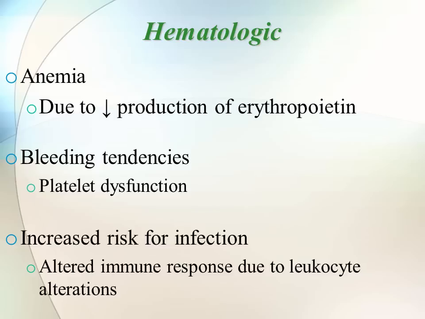And it produces erythropoietin, which helps adjust blood volume. Erythropoietin is necessary for red blood cell production, and it also helps to maintain a healthy endothelium because it's responsible for promoting what they call angiogenesis, or the development of new blood vessels.